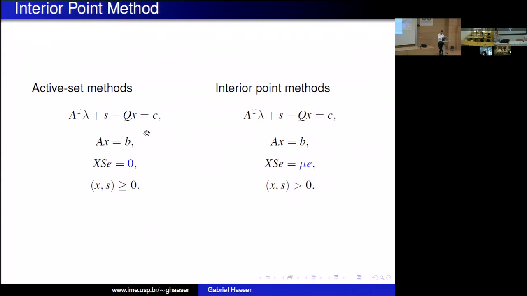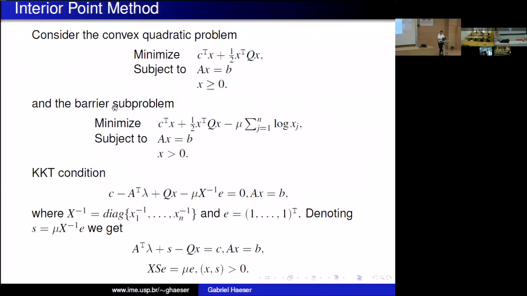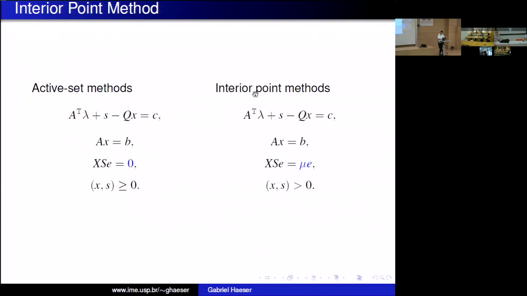This is the gradient of the functions, and the multipliers associated to the constraints. S is the multiplier associated to the inequality constraint, this one. And this is the complementarity: the multiplier S times the constraint, that is X, should be 0.